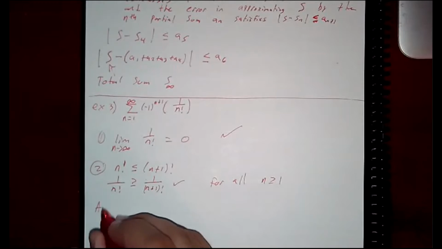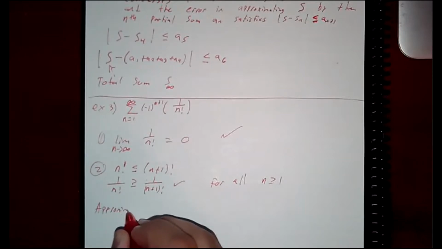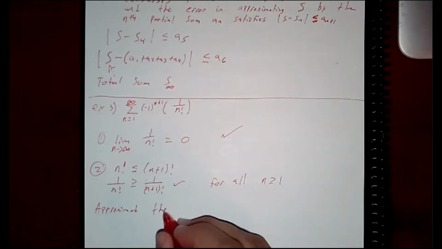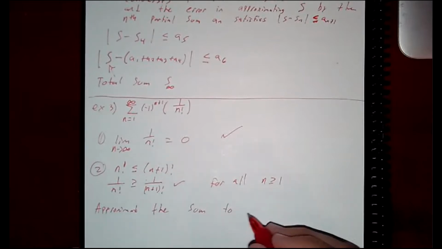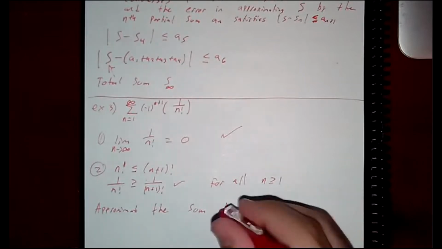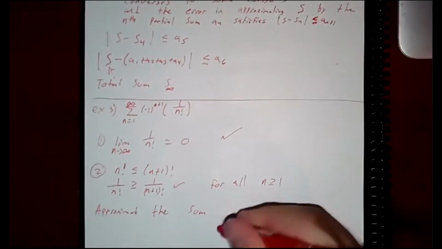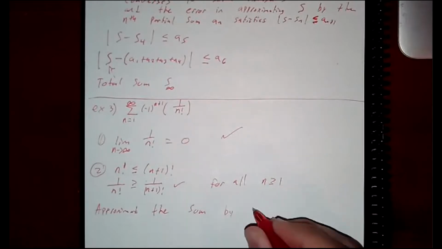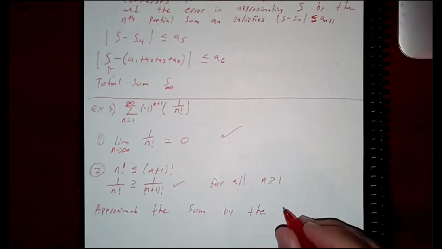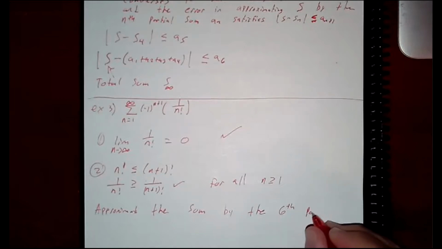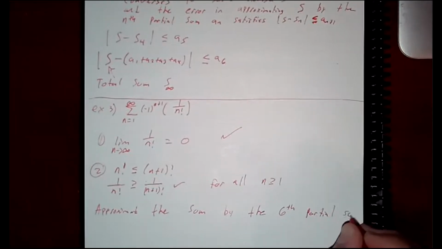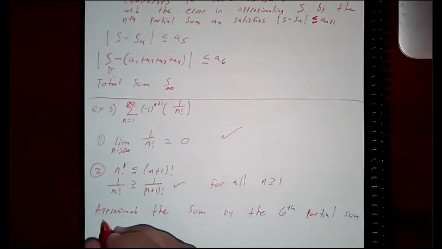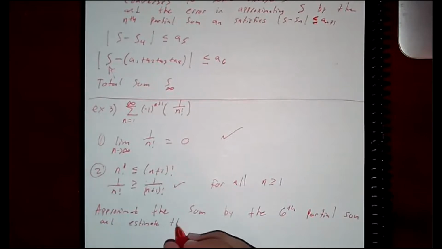Now the question begins. Approximate the sum by the 6th partial sum and estimate the error.